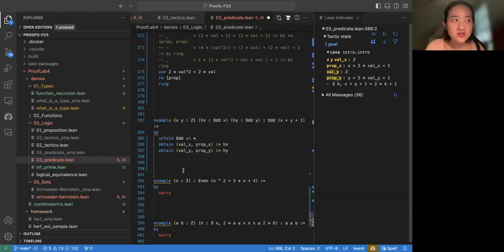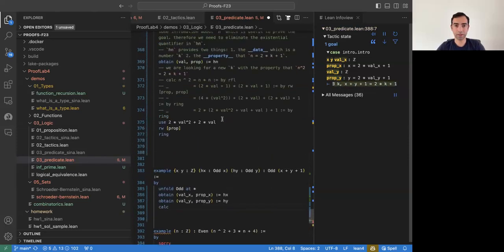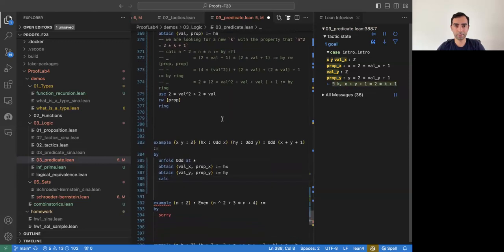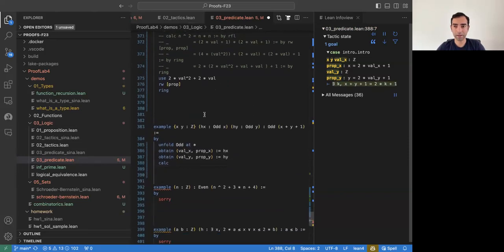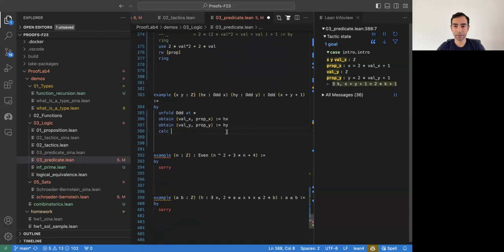Okay, can we calc and then rewrite? Sure. So let's follow this pattern here. I want to start by writing x plus y plus 1, right?